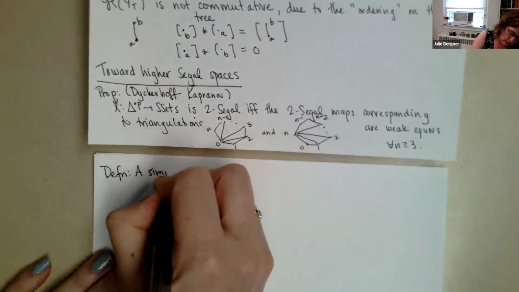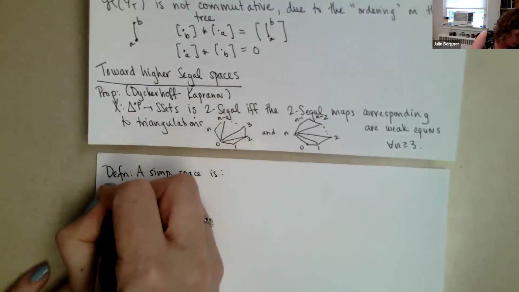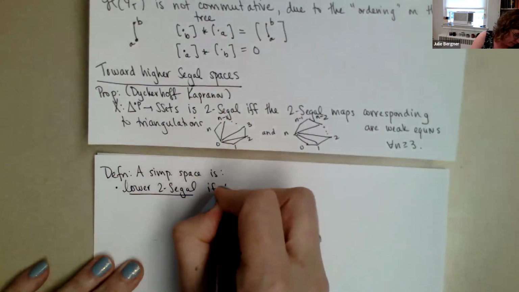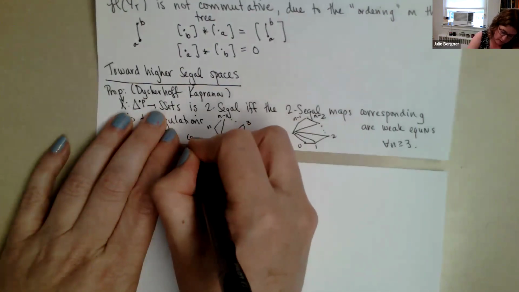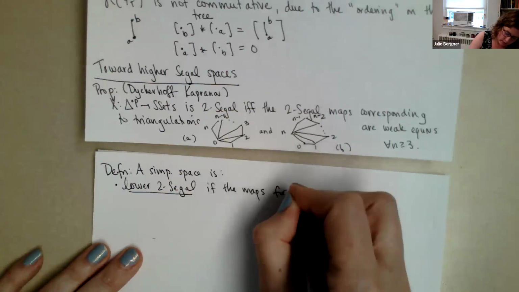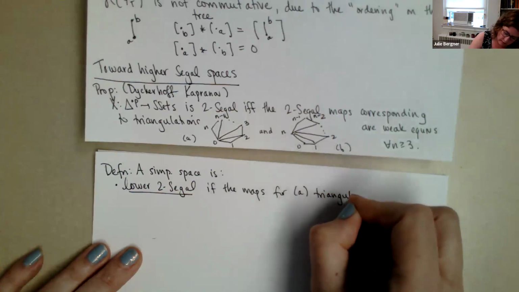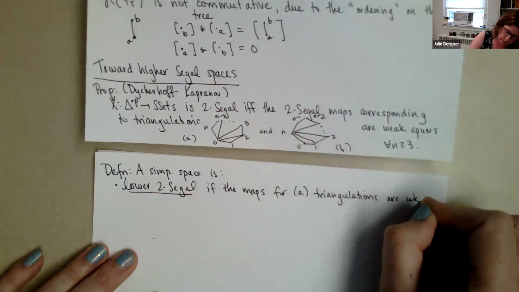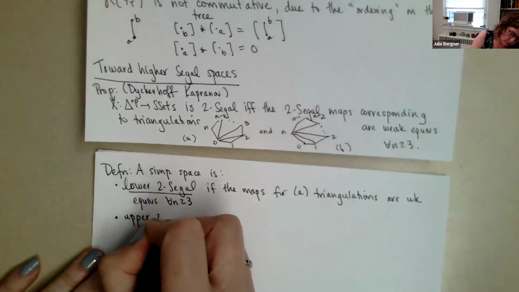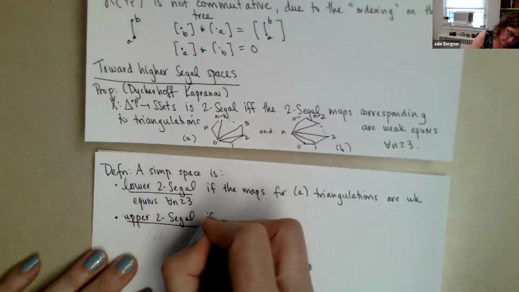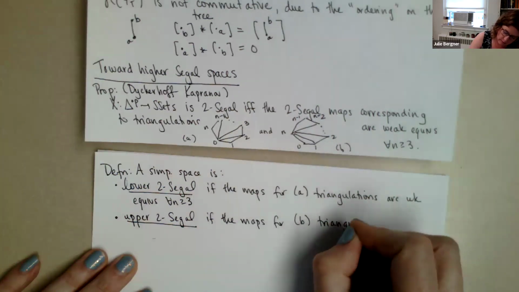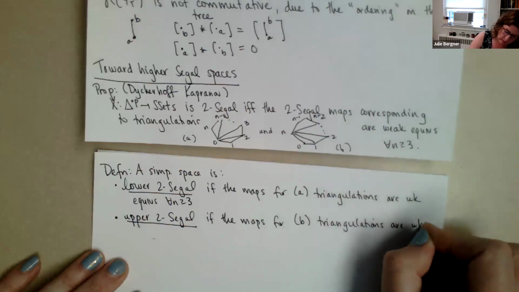A simplicial space is lower 2-Segal if the maps, let me call these A and B, if the maps for type A triangulations are weak equivalences for every n at least 3, and then upper 2-Segal if the maps for the type B triangulations are weak equivalences.